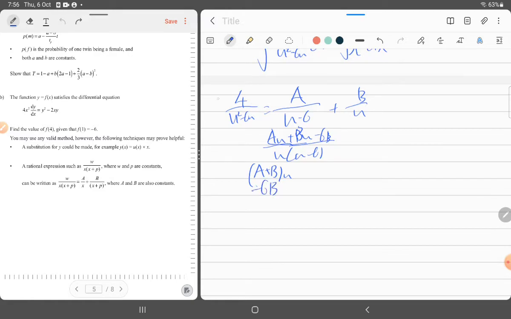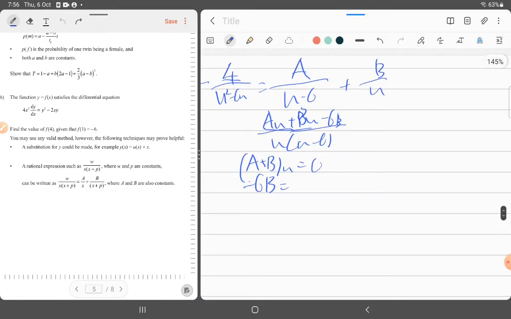There is 0u, so this is equal to 0, and there is 4. Just match up with the constants and coefficients. If there was a u squared, we would have matched it up with u squared. So minus 6b equals 4, b equals minus 2 over 3. So a plus b equals 0, so a equals 2 over 3.